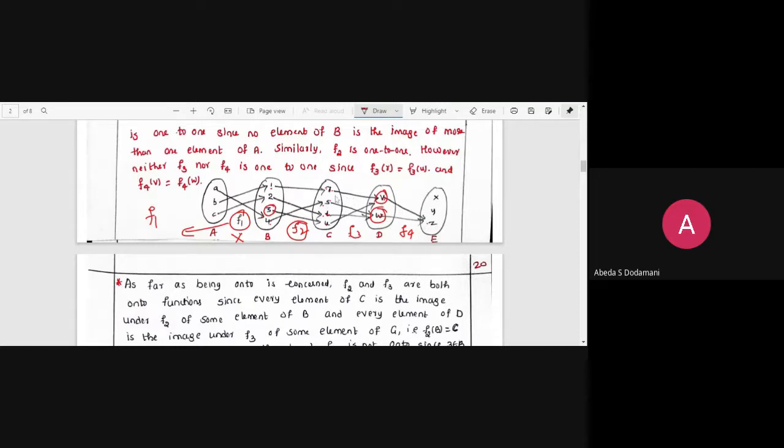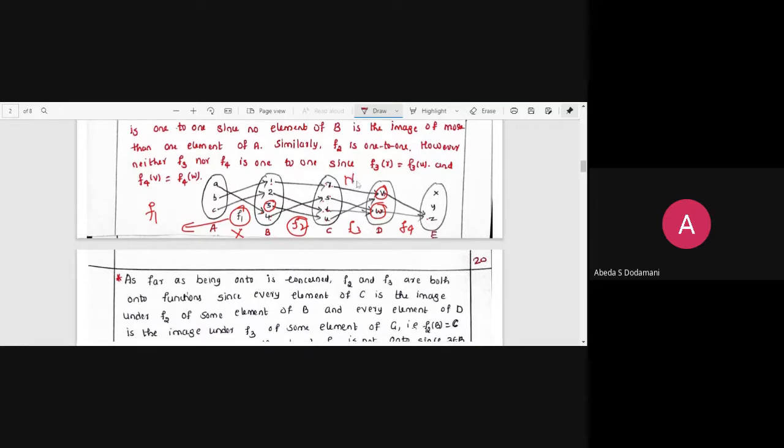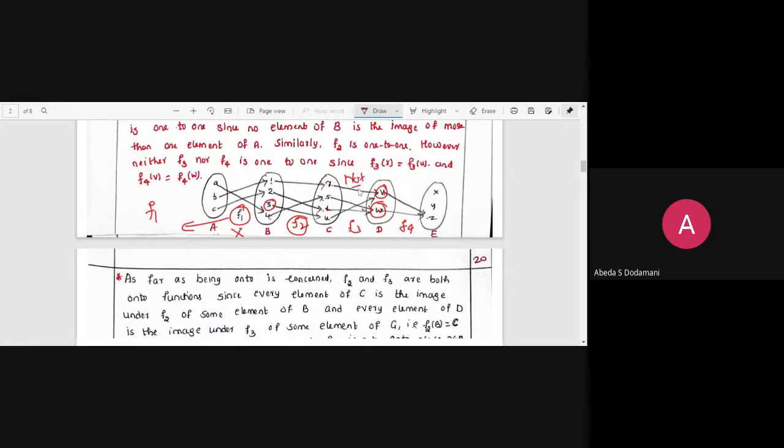It is not 1 1, but it is onto, correct? Then F3, is it invertible? No. What about F4? It is neither 1 1 nor onto.